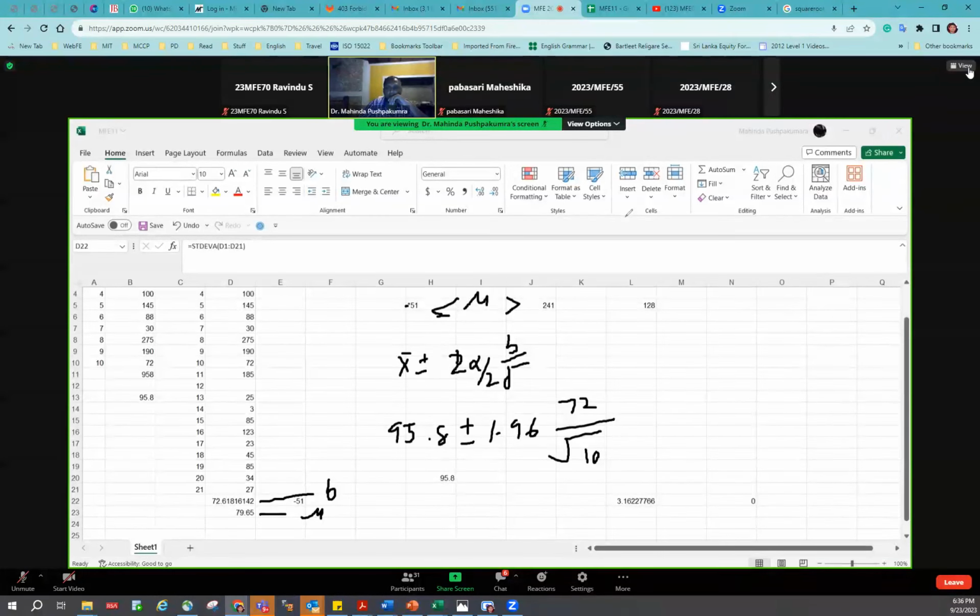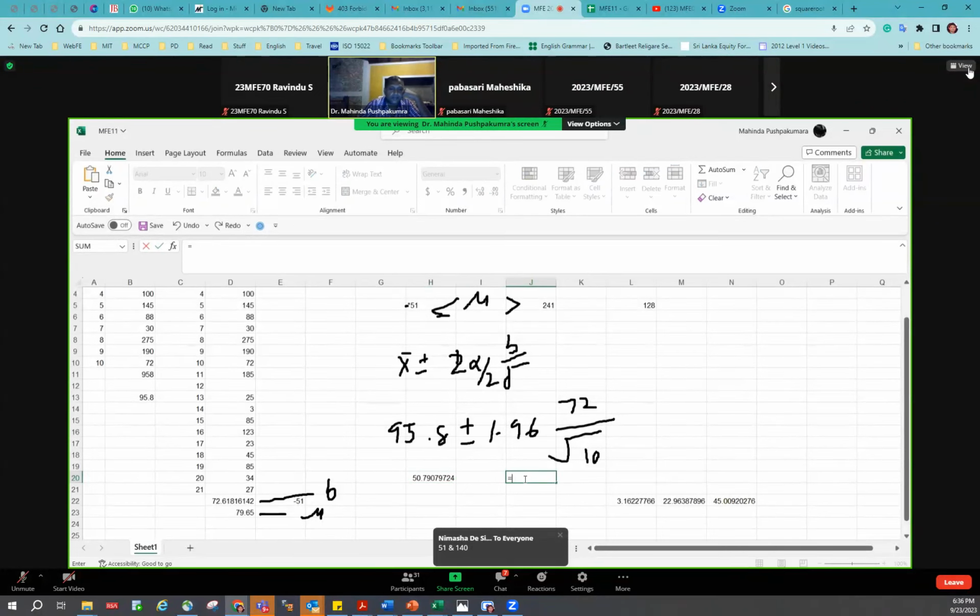Standard deviation is 72. Then 72 divided by this value, then multiplied by 1.96, is 50.7. The upper limit is 95.8 plus this value. Then it is now 50 to 140.